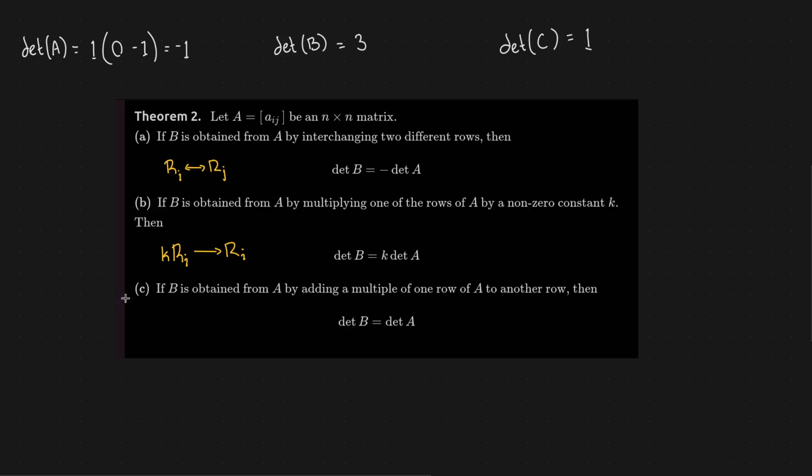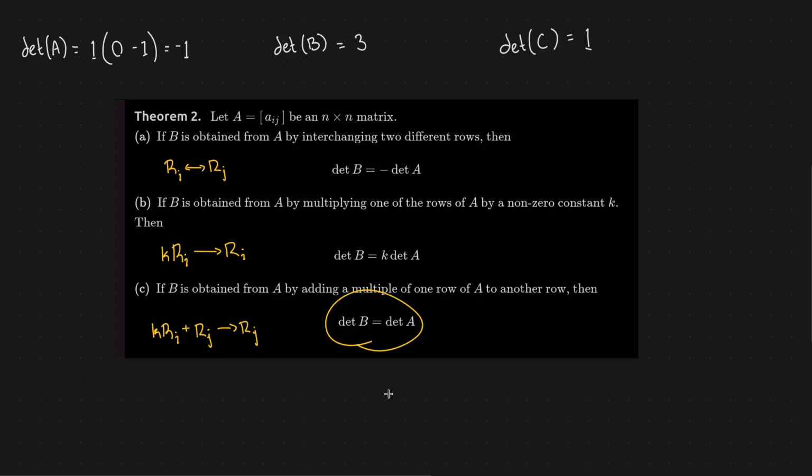Okay? And finally, the last elementary row operation: if we obtain matrix B from my original matrix A by adding a multiple of one row of A to another row, so taking a multiple of one row and adding it to another row, then the determinant doesn't change at all.